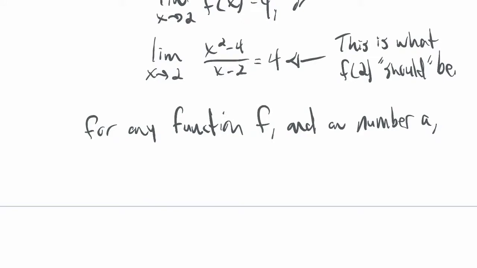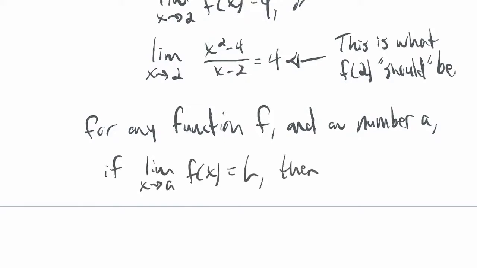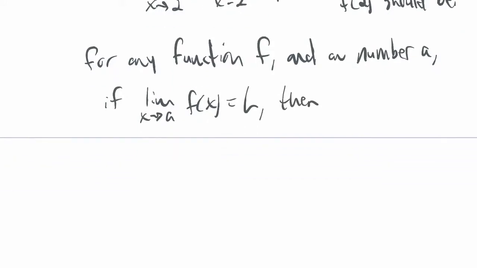Let's suppose the limit exists. The limit as x goes to a of f of x equals L. Because if the limit doesn't exist, that's something we haven't gotten to yet, but then none of this would matter anyway. Then, one option is f of a doesn't exist. That's a possibility.